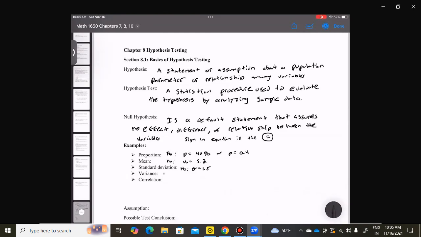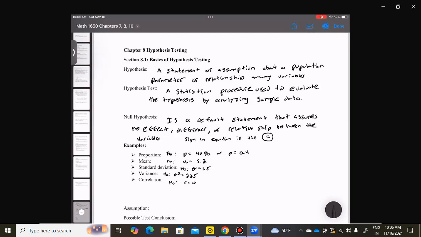The null hypothesis for variance could be something like the variance equals 225. And again, for correlation, it could be something like r equals 0. Or it will be r equals 0.